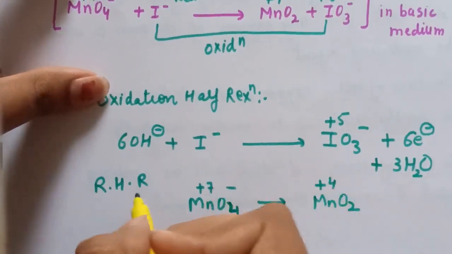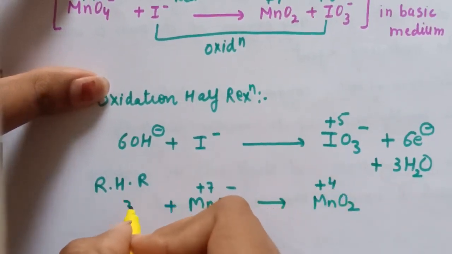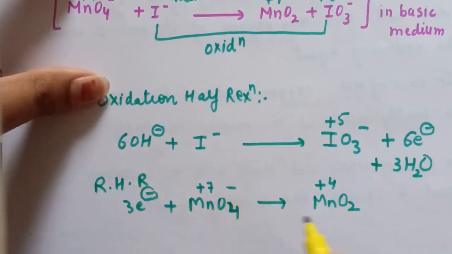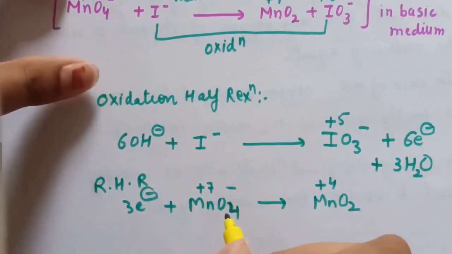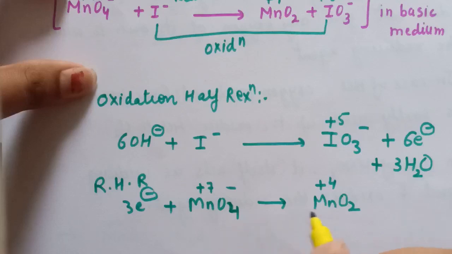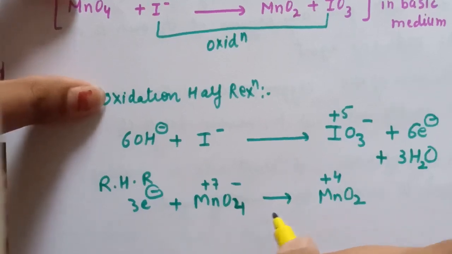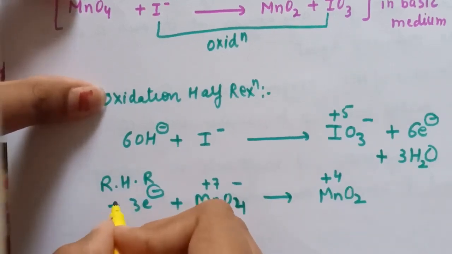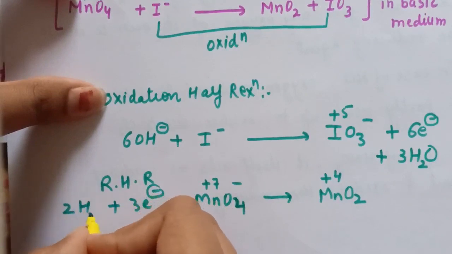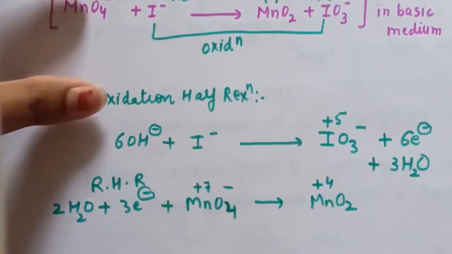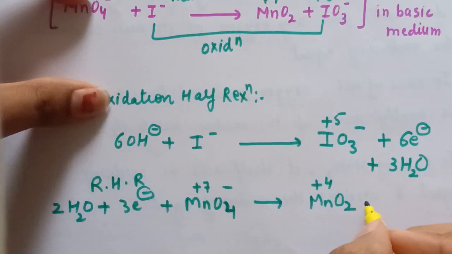So from +7 to +4 it gains 3 electrons and converts to MnO2. Now on the left hand side we have 4 oxygen and on the right hand side we have 2 oxygen. So here we will add 2 water molecules on the left hand side, and on the right hand side we will add 4 OH negative ions.